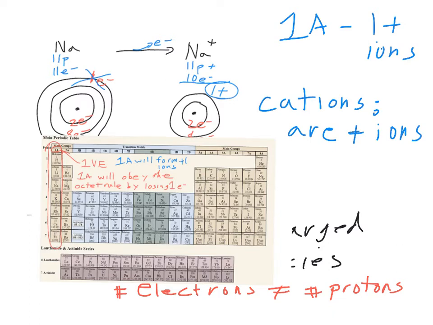The way you can remember it is that you can't write the word cations without a plus sign, right? Cations, positive ions.